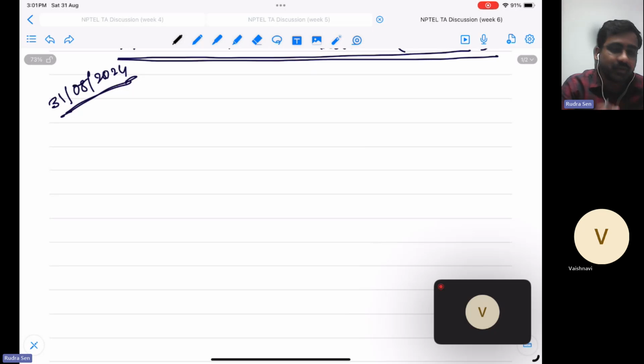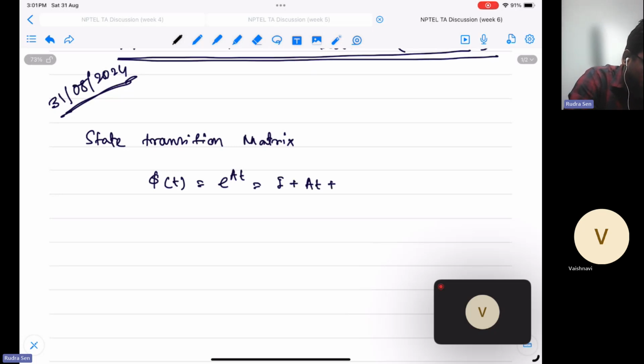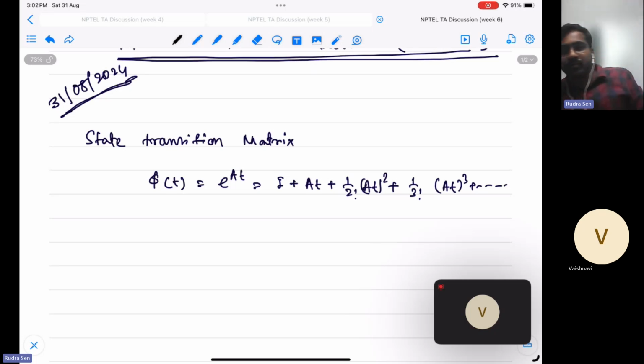So we know this is the state transition matrix, and we define it in that format, or e to the power At, which is basically I plus At plus A squared t squared by factorial 2 plus A cubed t cubed by factorial 3, in this way, right?